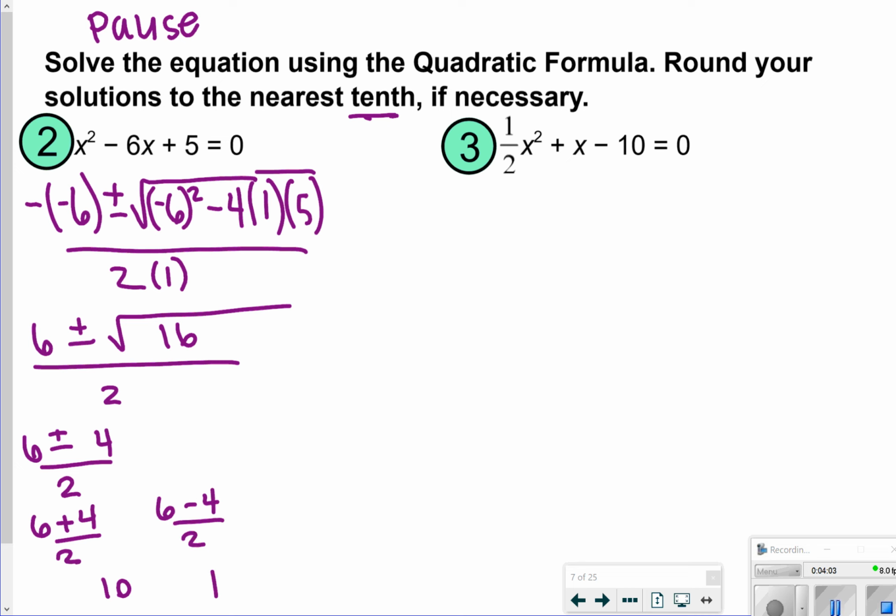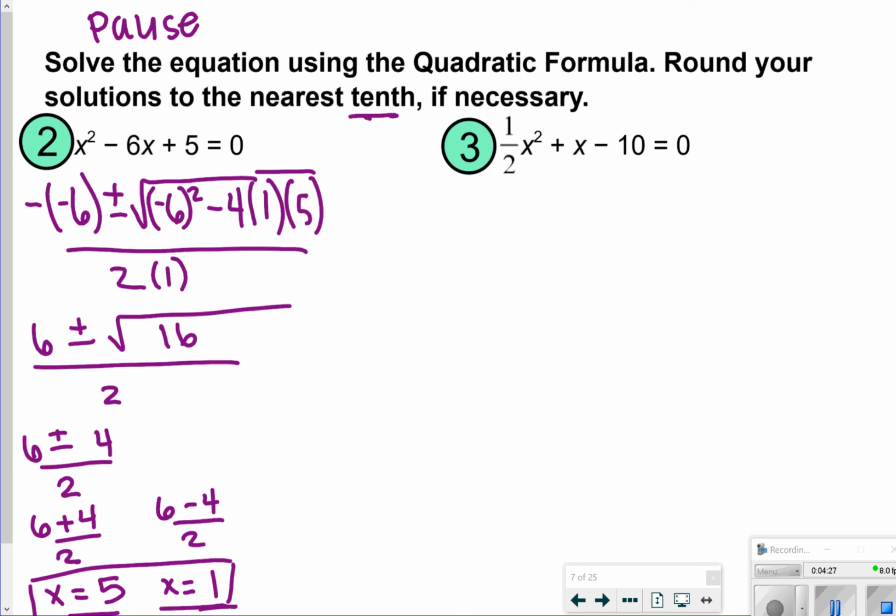Sorry, 10 divided by 2 is 5. So x is equal to 5, and x is equal to 1. There we go.